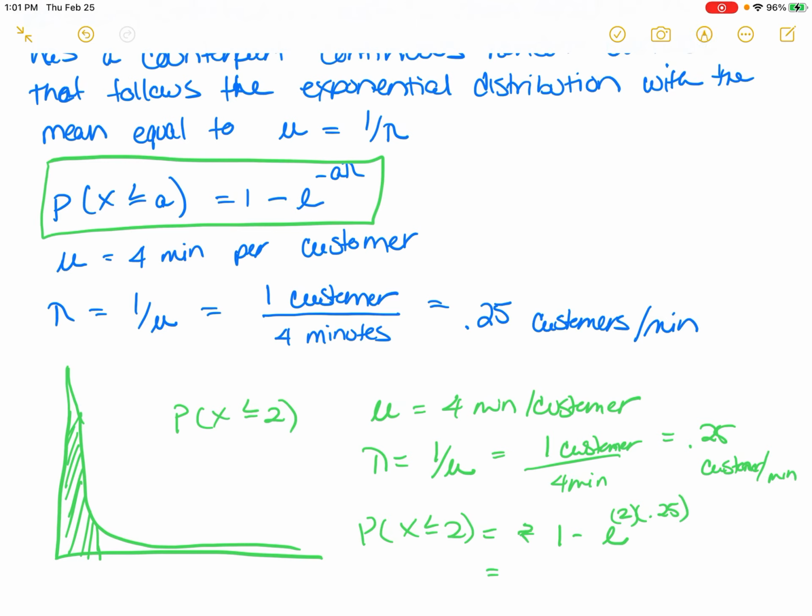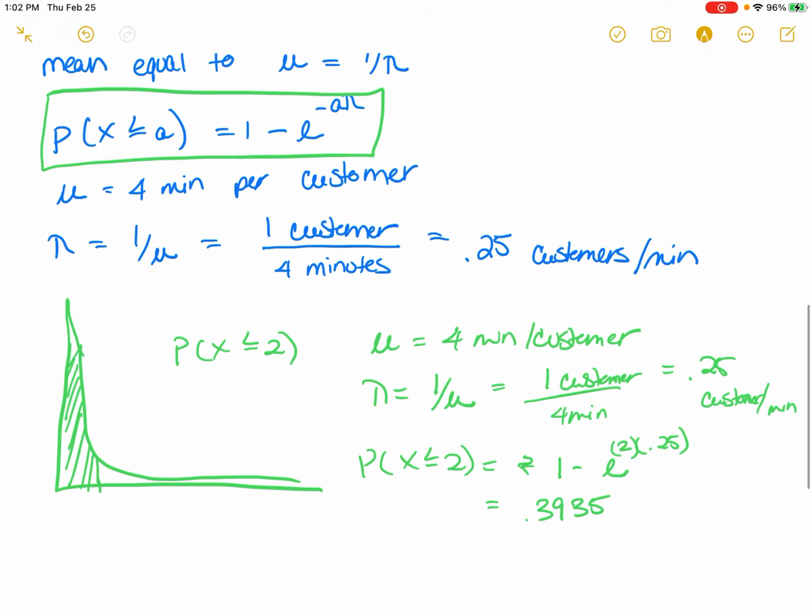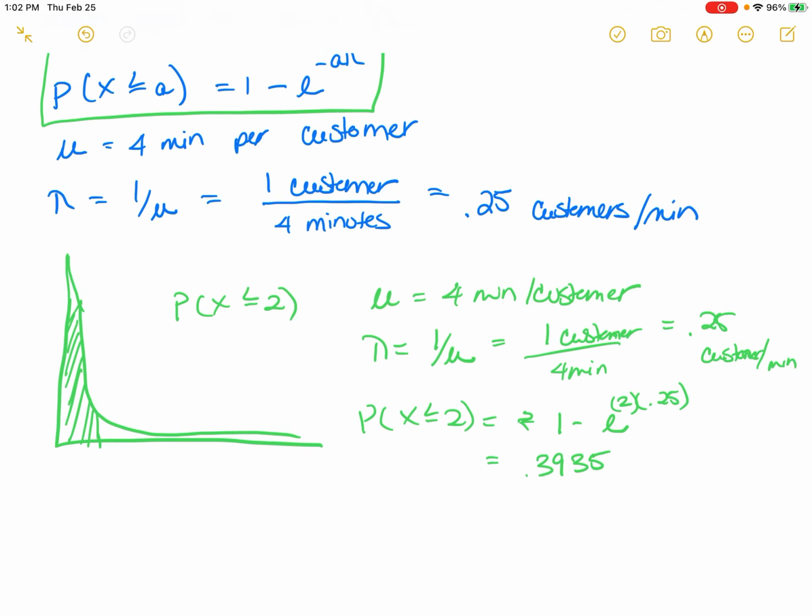And that is going to give me 0.3935. So there is a 39% chance that the next customer will arrive within the next 2 minutes.